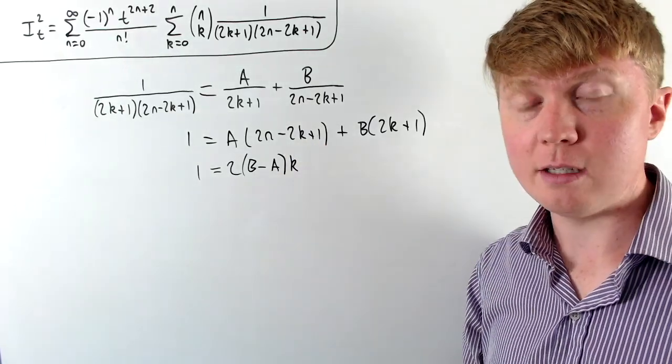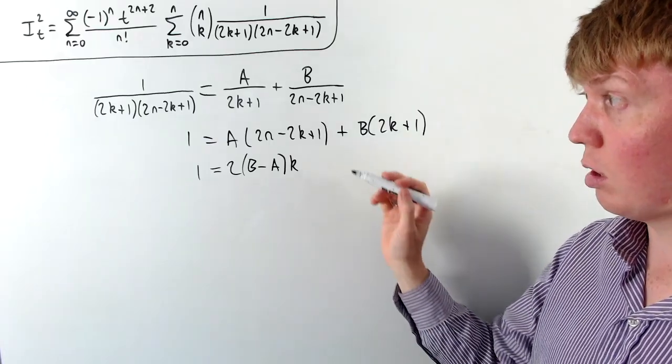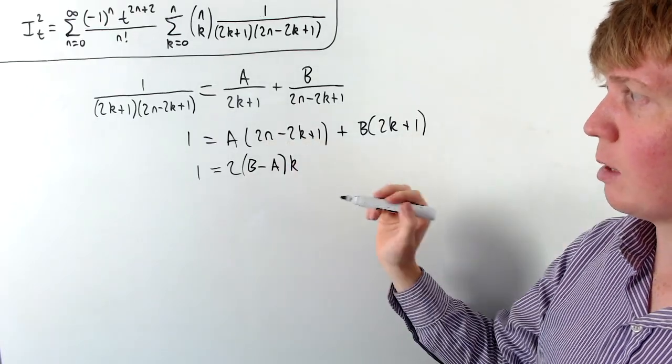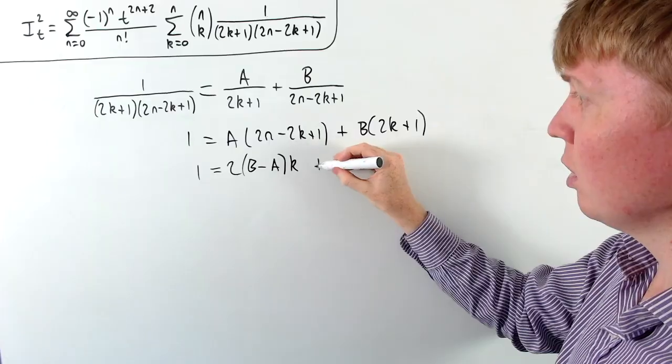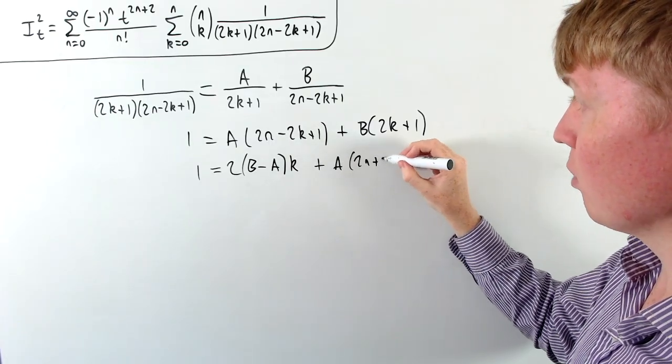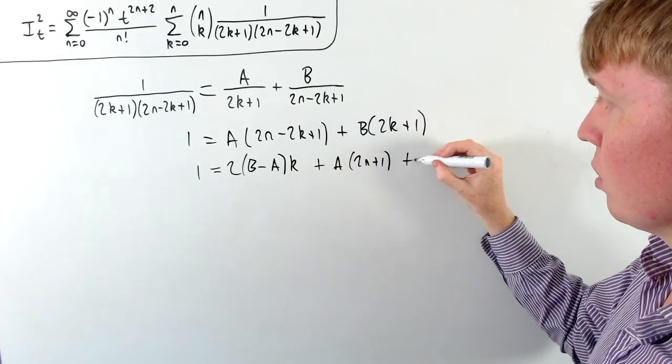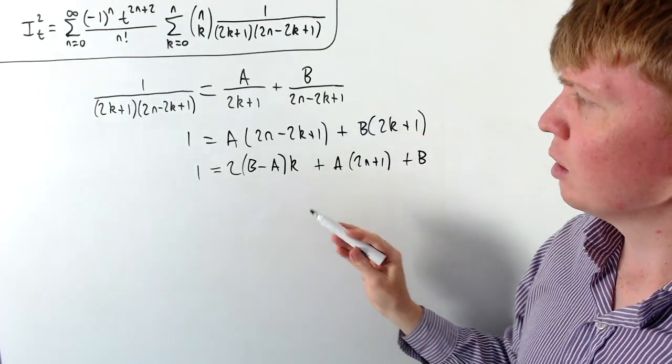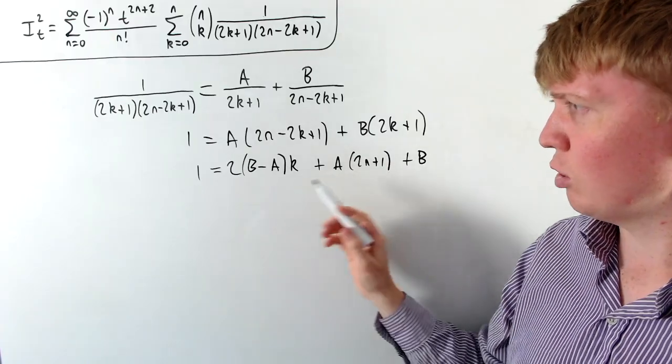This is all of our k terms. And then all of our other terms which we're treating as constants, we've got a times 2n, a times 1, so we've got plus a times 2n plus 1, and we've also got b times 1, so just plus b here.